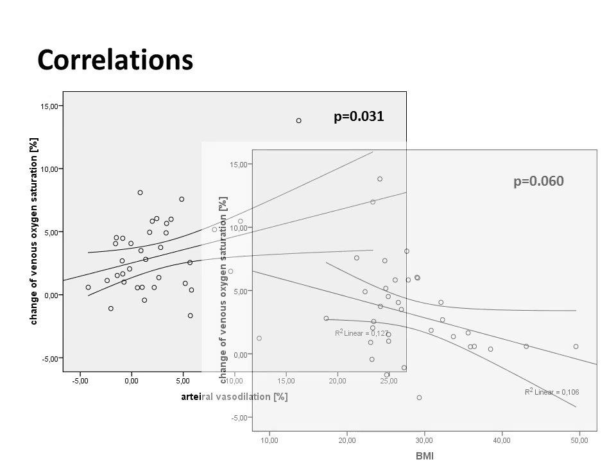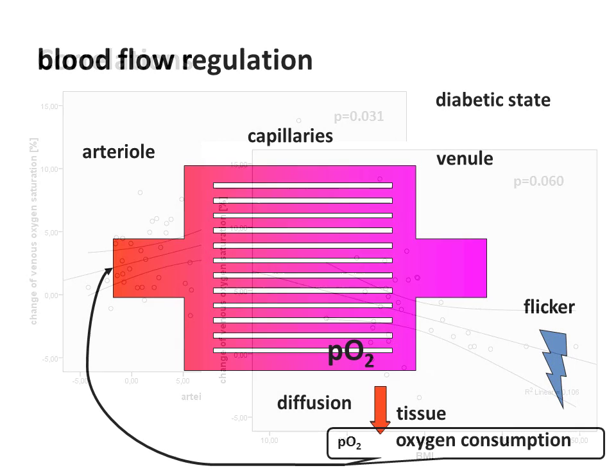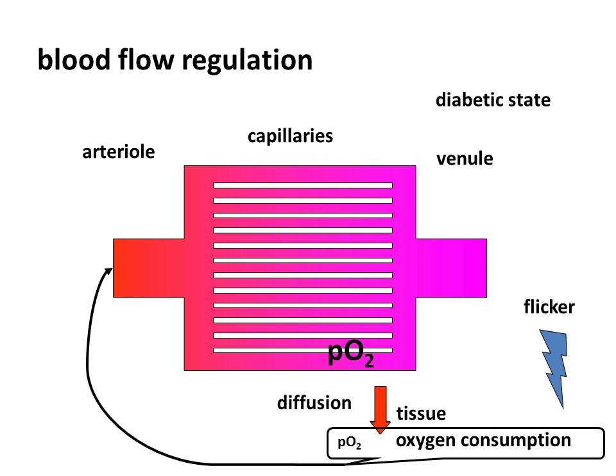Furthermore, we found a trend, which was not significant, but clearly a trend of lower reaction of the venous oxygen saturation with higher body mass index. So what is the idea?